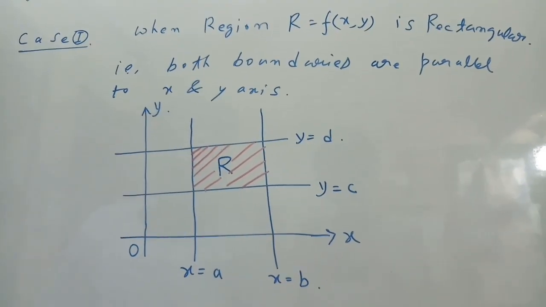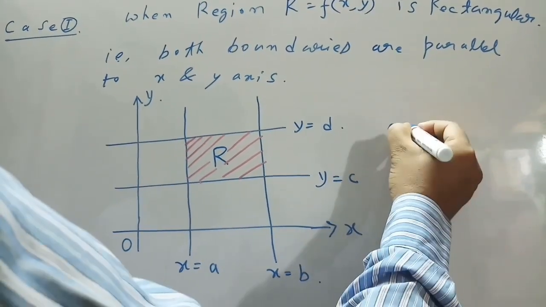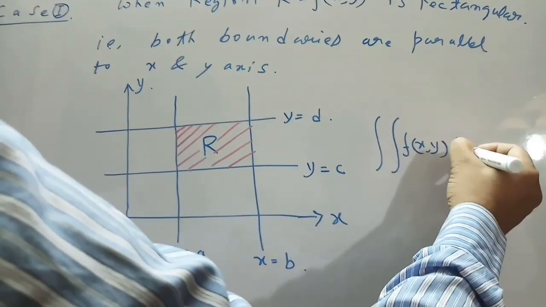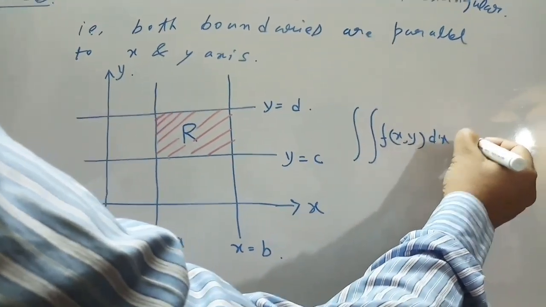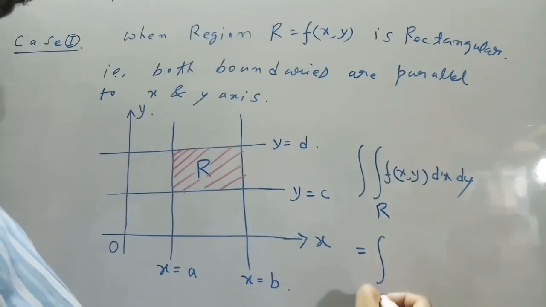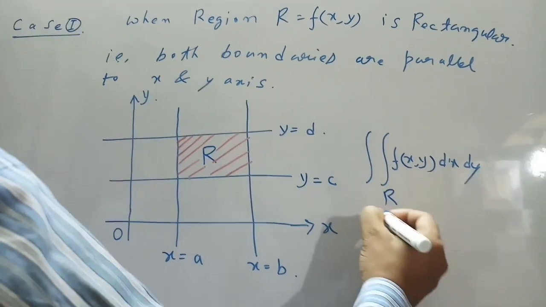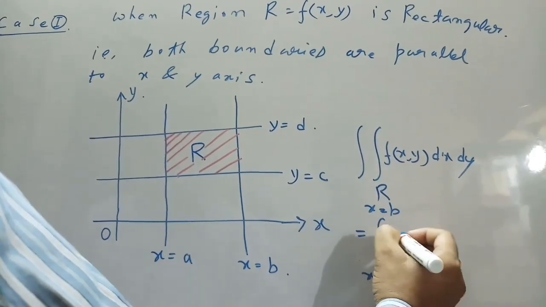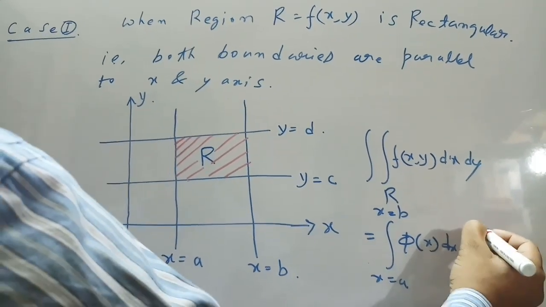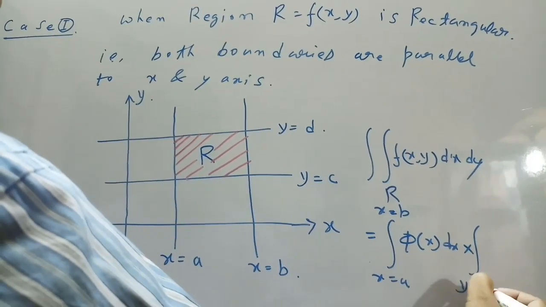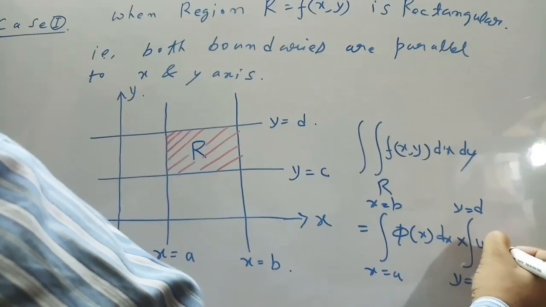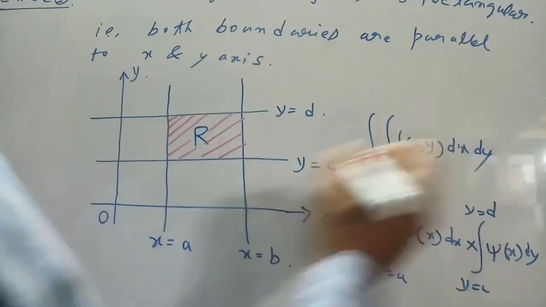Naturally, the double integral of f of x y dx dy on the region R will be equal to the integral from x equal to a to x equal to b of phi of x dx, multiplied by the integral from y equal to c to y equal to d of psi of y dy.